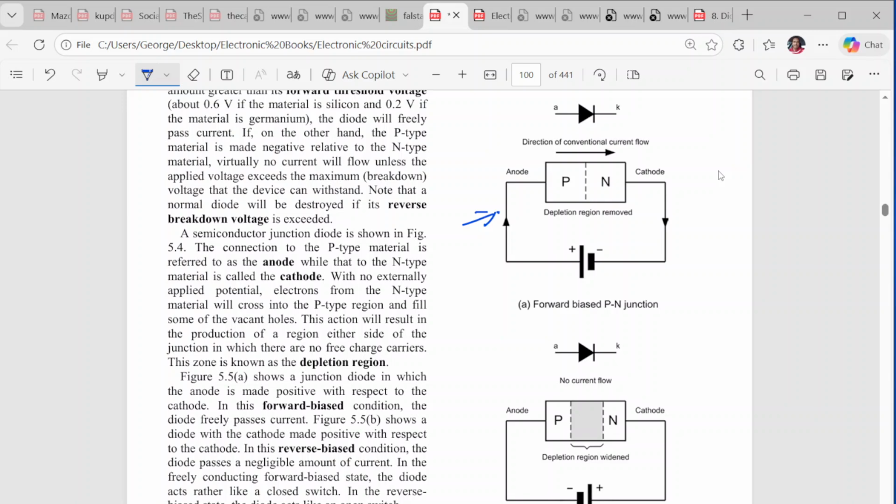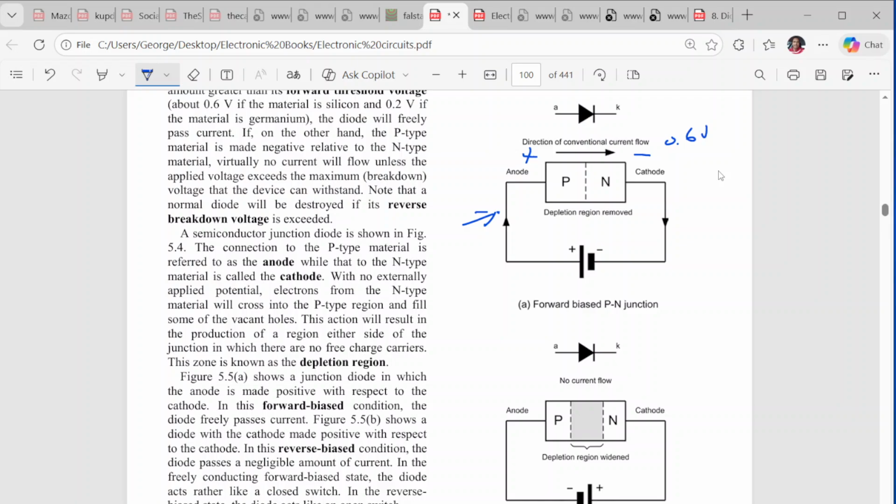This is what is known as forward bias. When the forward threshold voltage for a silicon diode, which is 0.6 volts, is applied, the diode will enter forward bias and it will allow current to flow in one direction.